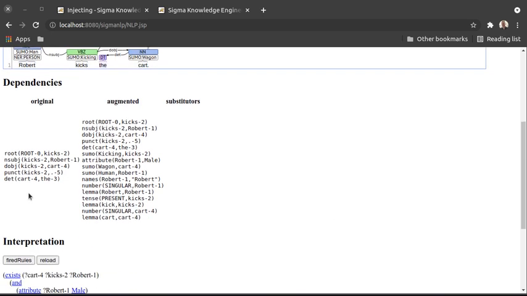So as the output of the Stanford dependency parser, we get that there is a sentence, and the root of the tree is generally the main verb. The subject of the verb kicking is Robert. The direct object of kicking is the cart. There's some punctuation, and there's a determiner.